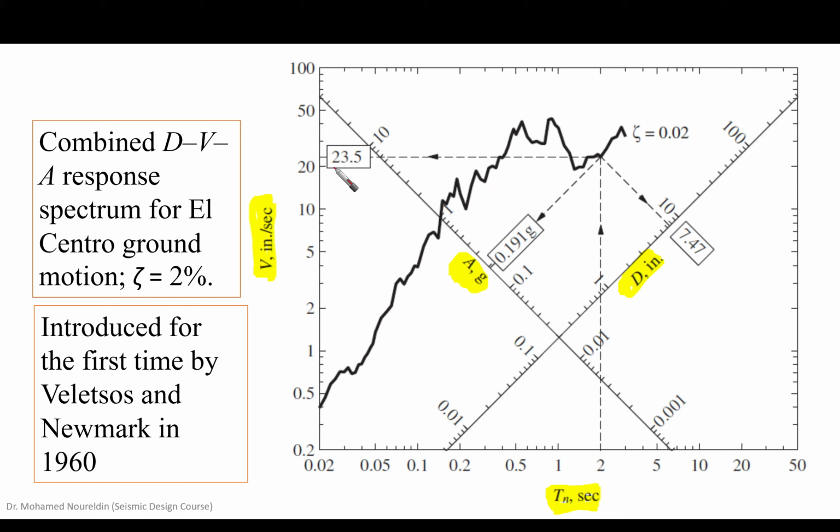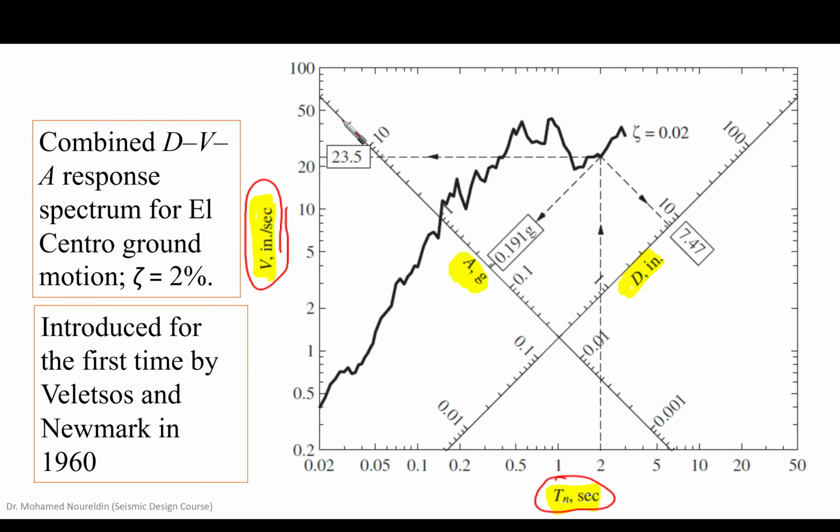Now let's go to the axes, because it is full of axes. The horizontal one is Tn, the natural period of the system. The vertical axis is V, the pseudo velocity.